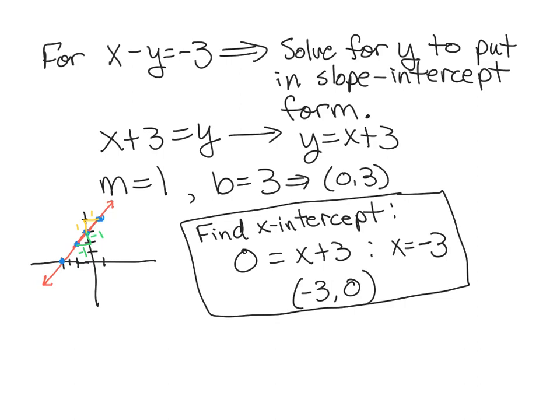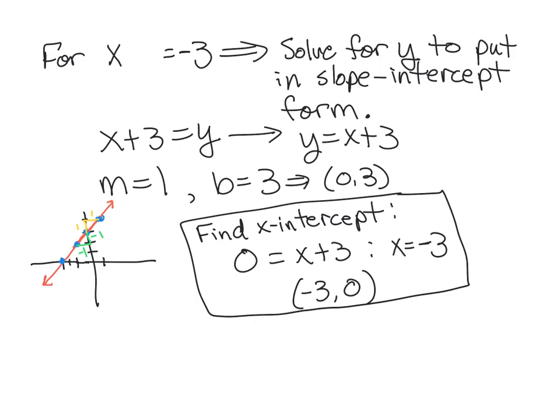And now I want to examine what would happen if y equals 0. Now, if y is 0, I'm going to be on the x-axis, right? So if y equals 0, just for a second, let's erase the y value. You see that x equals -3. So in that case, I'm going to plot this point right here. Well, I have this intercept and this intercept. If I connect the dots, you see my line, okay?